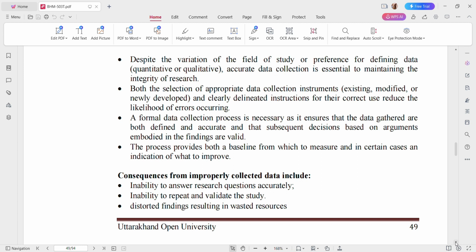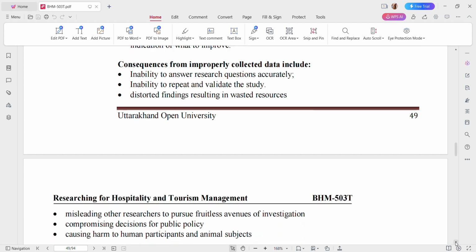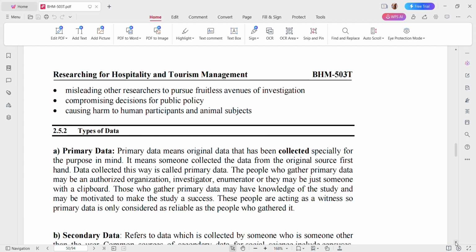So when we present it to the big audience, then mako-question yung validity ng results natin kasi nga mali yung process na ginamit natin, no? So distorted findings, and then of course you'll be wasting resources because you're gonna repeat the process again just to arrive into more valid and more accurate results.